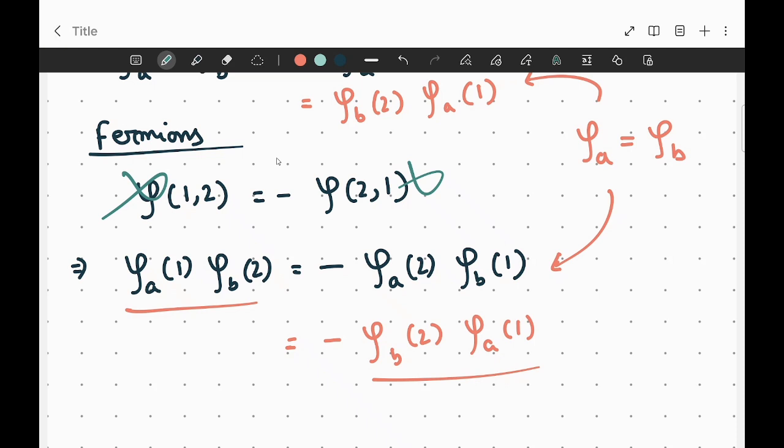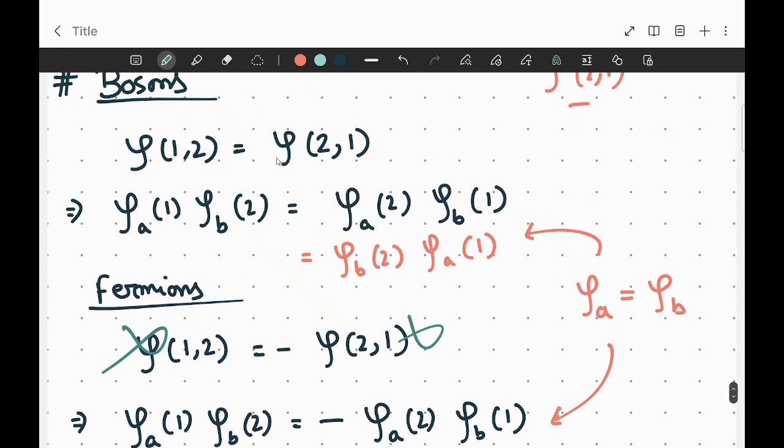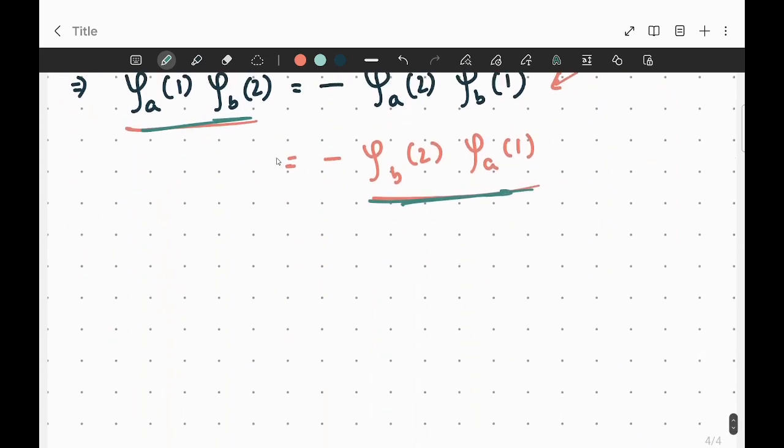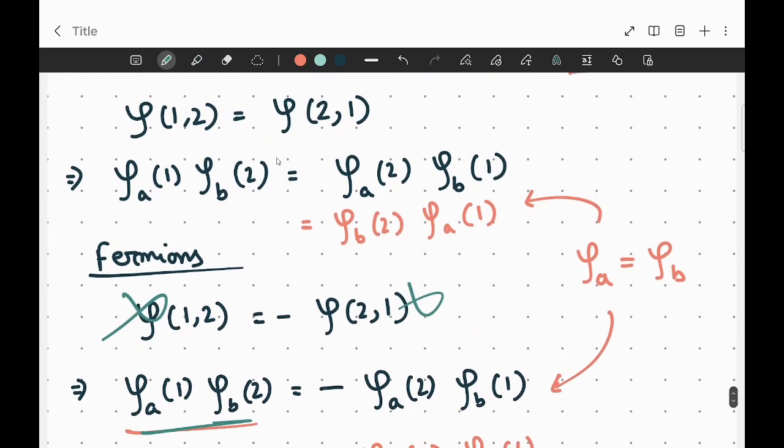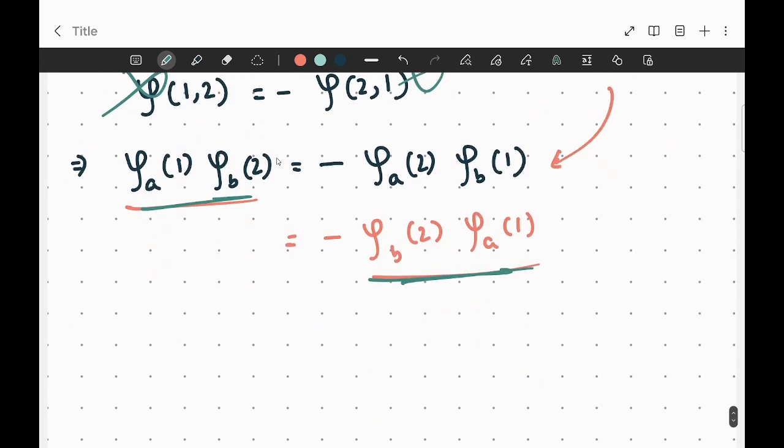If it is antisymmetric, then it must follow this minus equation. It should equal a minus sign. But this part equals this part if you ignore the minus sign. It is not following that relation. For bosons it is okay, but for fermions it is not okay. But you know that the wave function should be the general wave function. Okay, this part you understand, yes, for fermions.